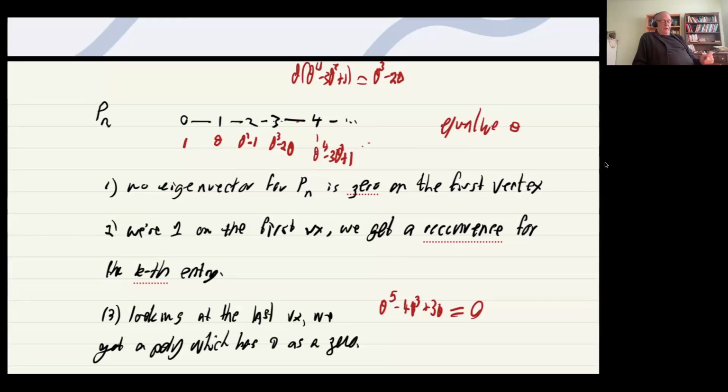So not only have we found the eigenvector, but we've also determined that theta is a 0 of this polynomial.